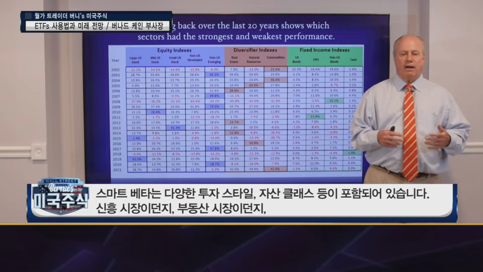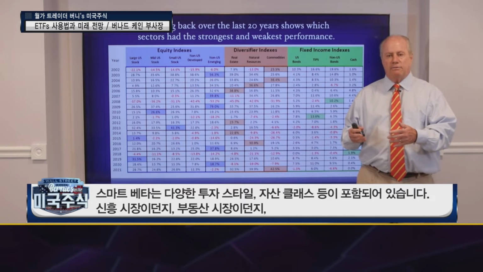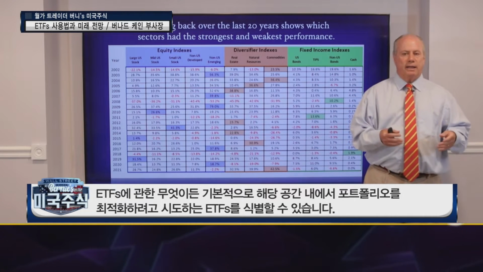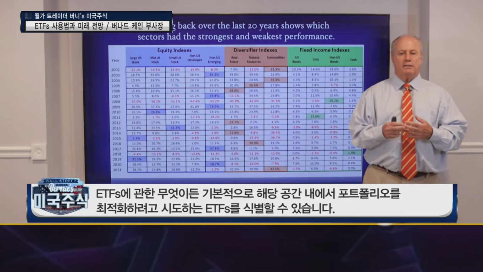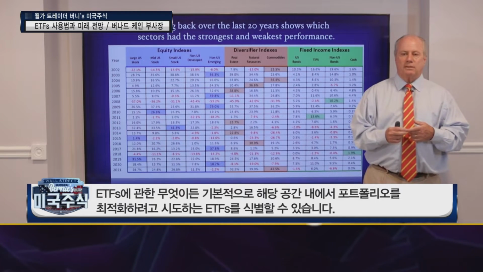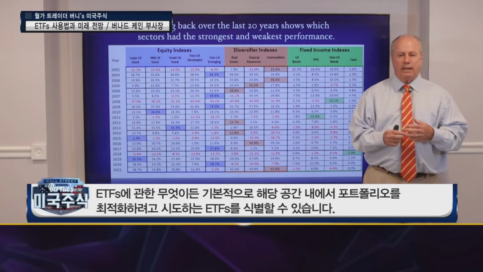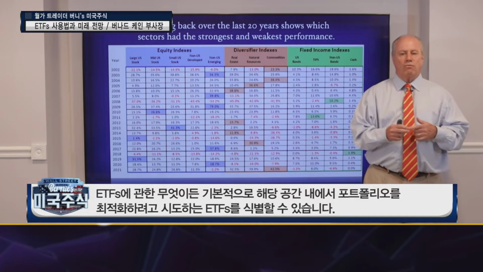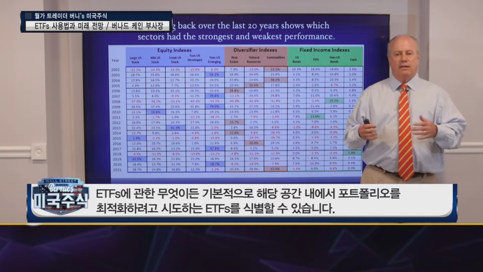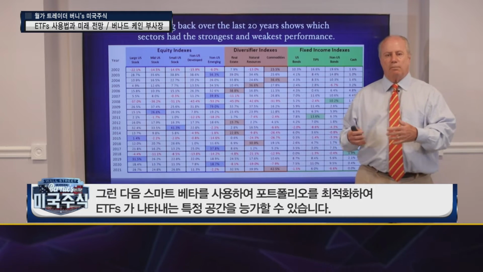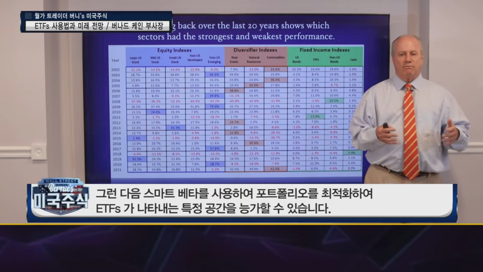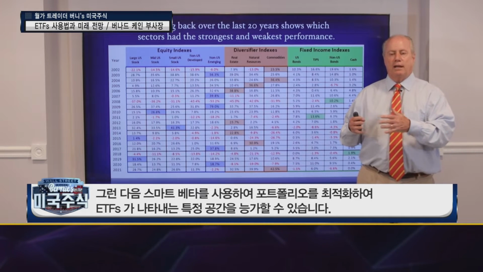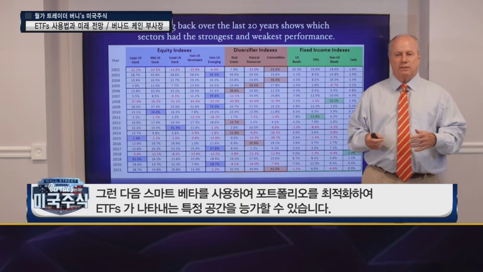You can identify ETFs that basically try to optimize the portfolio within that space, whether it's in emerging markets, real estate, technology, active or passive, anything like commodity-based ETFs, overall stock-based ETFs, and then you can use smart beta to try and optimize the portfolio to outperform that particular space that the ETF represents.